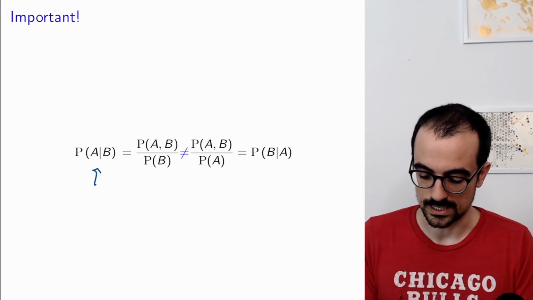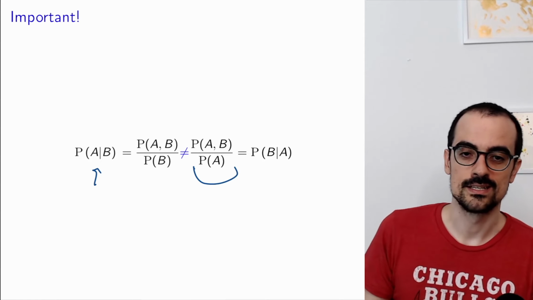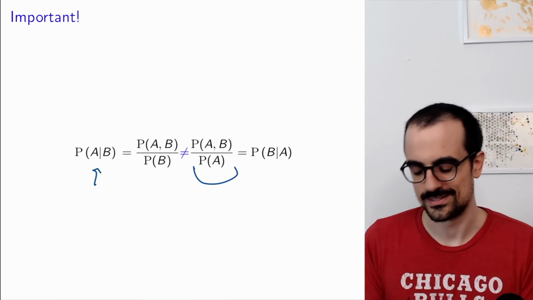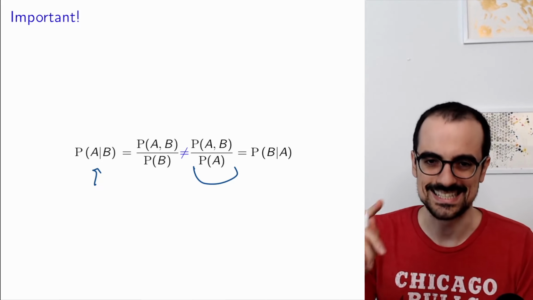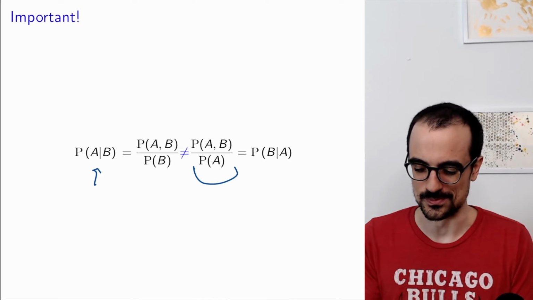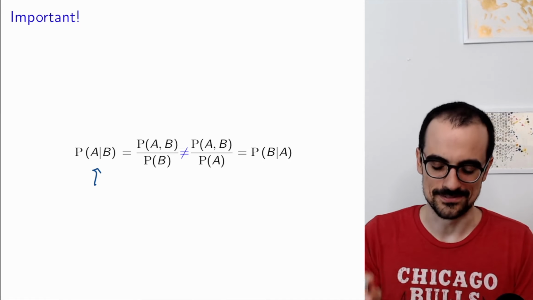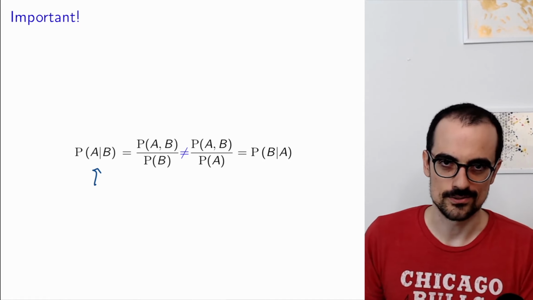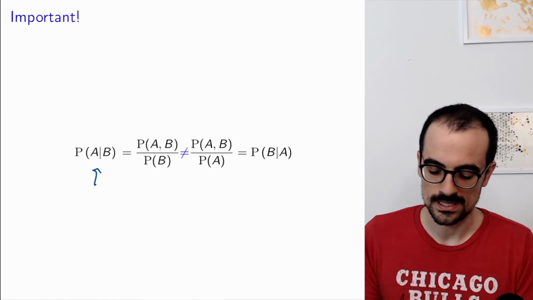And vice versa. Sorry, no, the other way around. I said exactly the opposite of what it should be, okay? So let's make this very clear. A is owning a basketball. B is playing in the NBA.